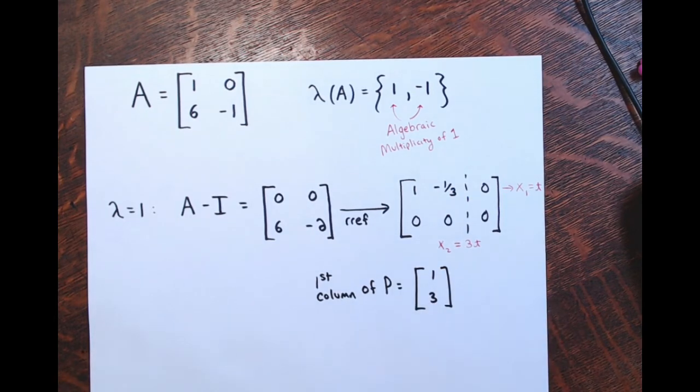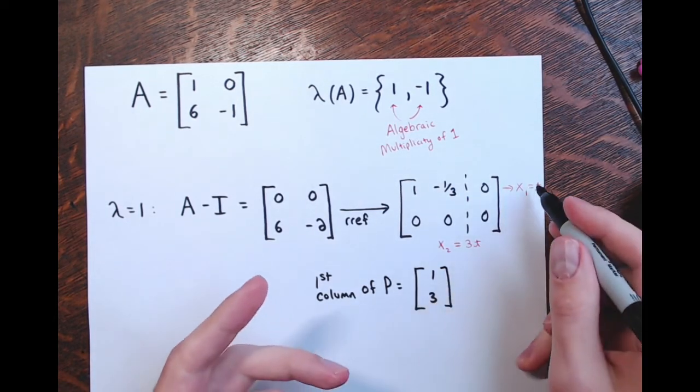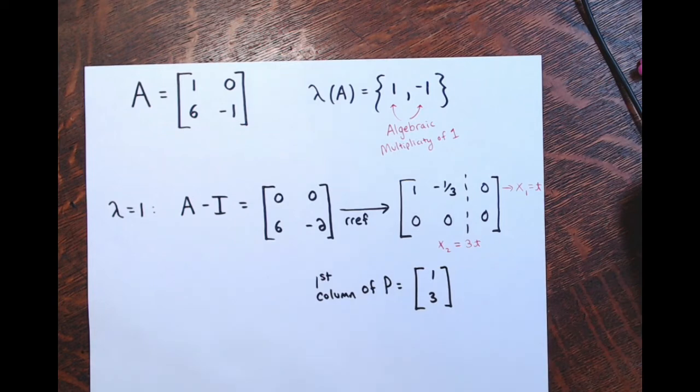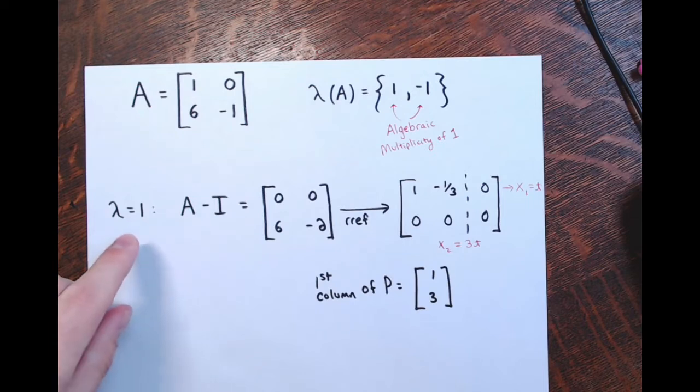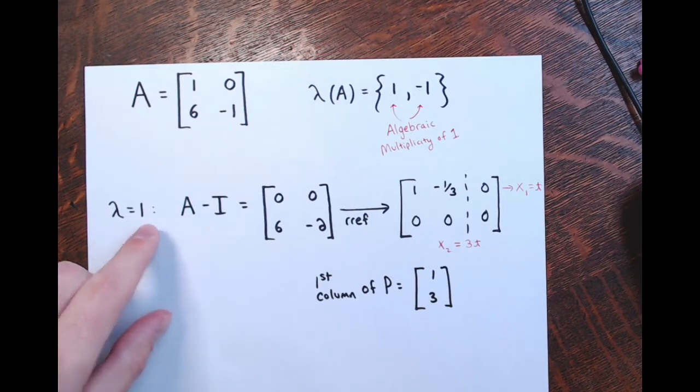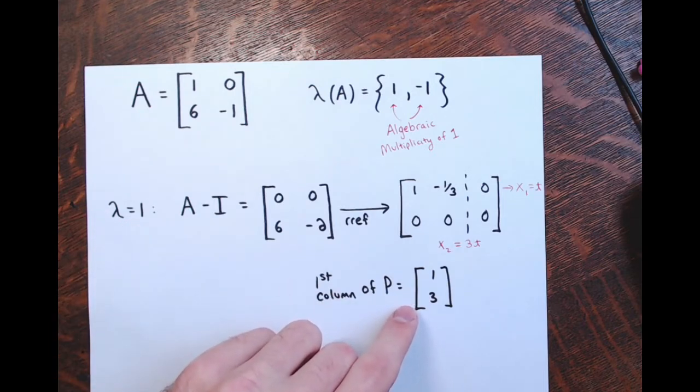Now you could use any multiple of this. Replace t with anything, as long as it's not the 0 vector. It has to be an eigenvector. But I'll just call that my first column of P. The eigenspace corresponding to lambda equals 1 would be the span of the set with this vector.